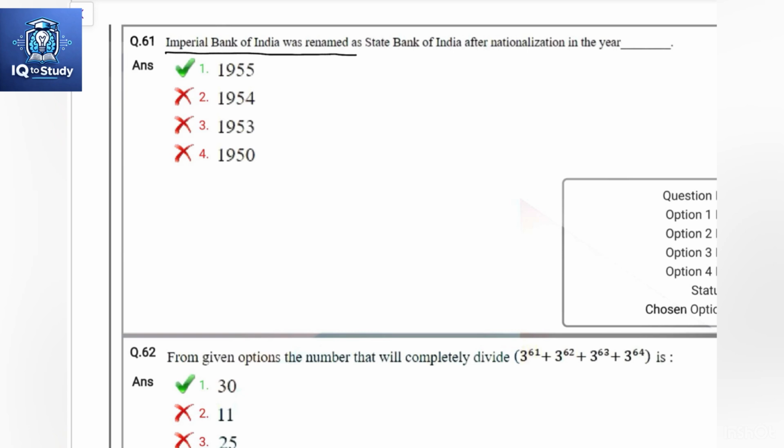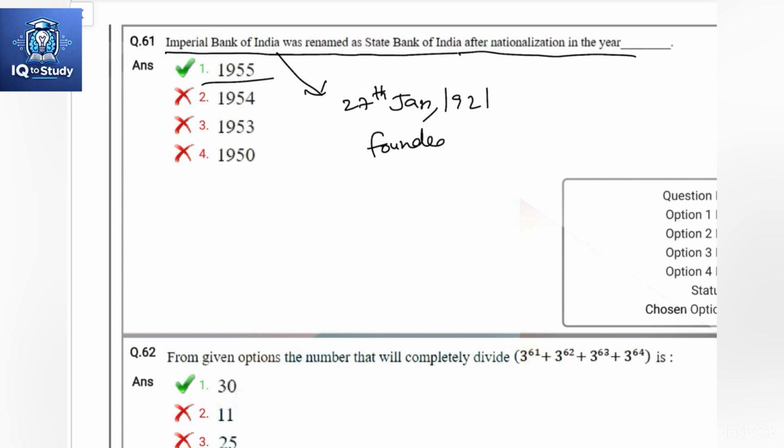Imperial Bank of India was renamed as State Bank of India after nationalization in the year 1955. Imperial Bank of India was established on 27th January 1921 and founded by J.M. Keynes.